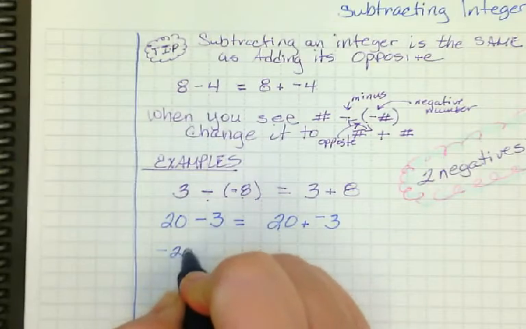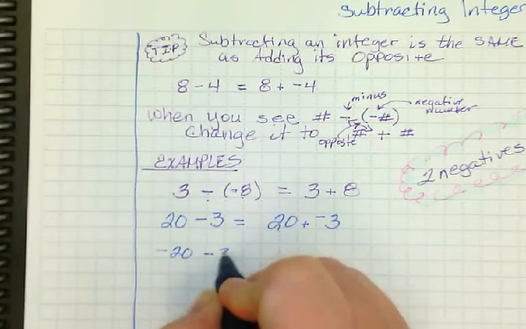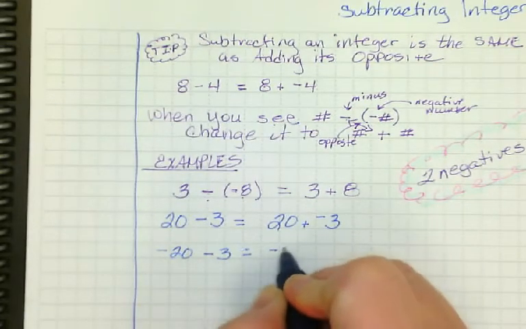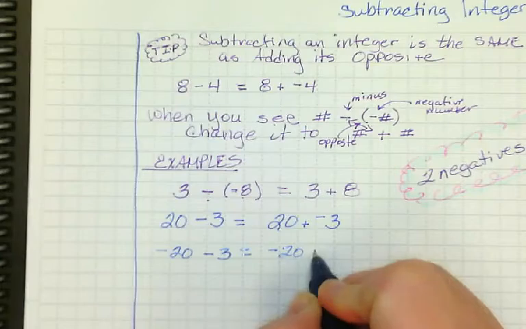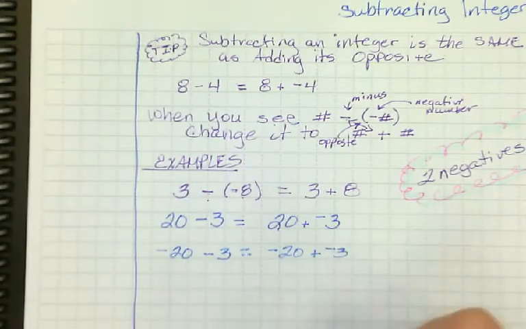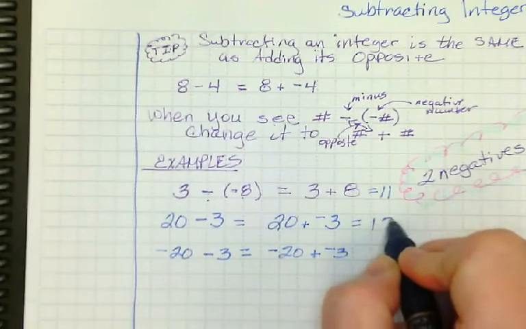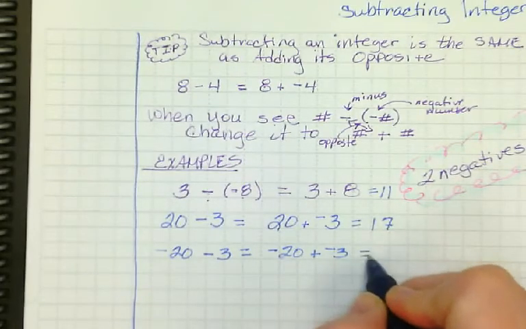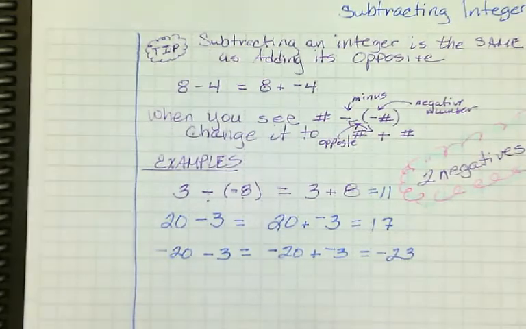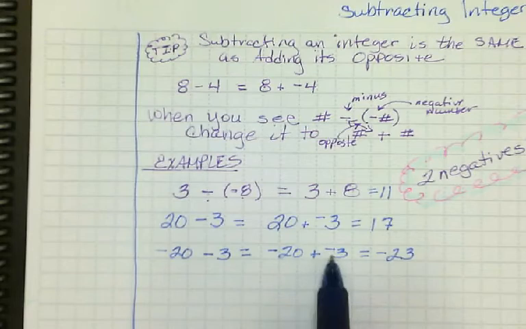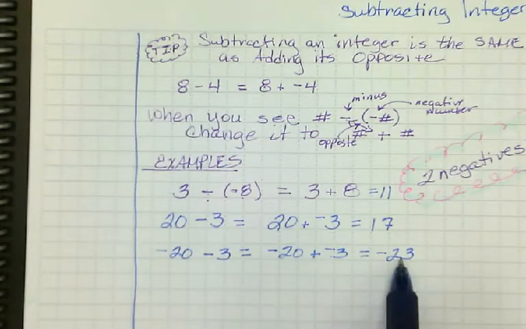Negative 20 and subtract 3, negative 20 plus negative 3. Okay, so this is going to equal 17, this is going to equal negative 23. Because we have the same signs now, so we just add and keep the sign.